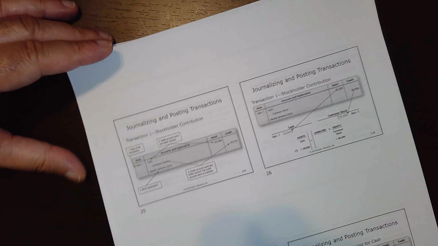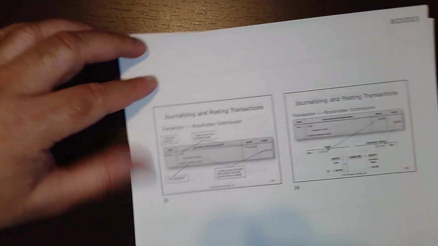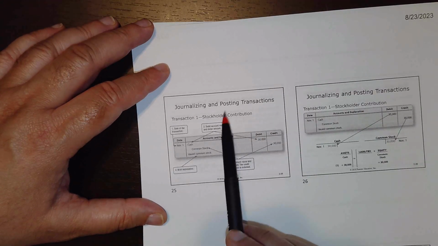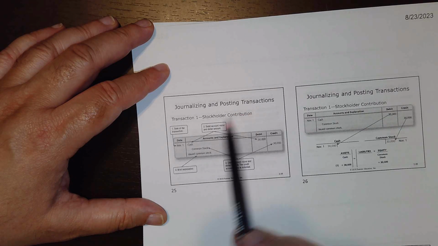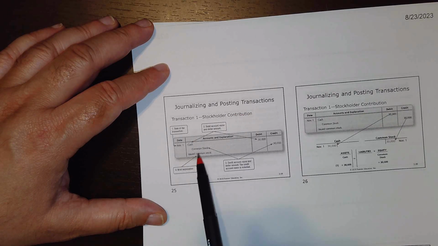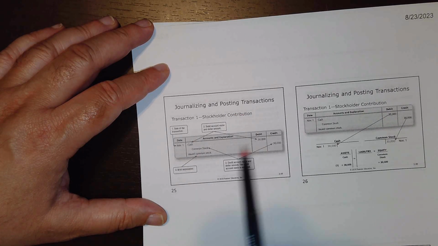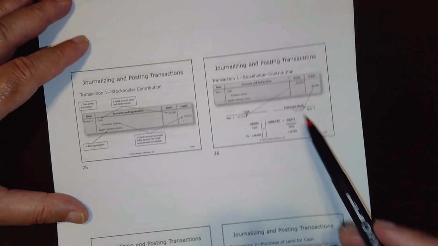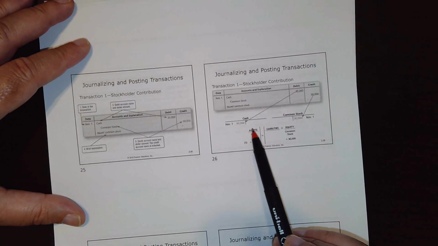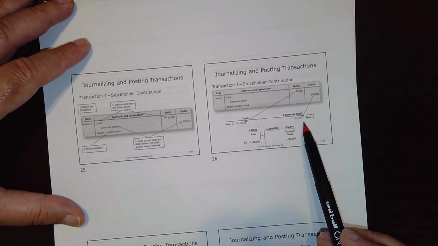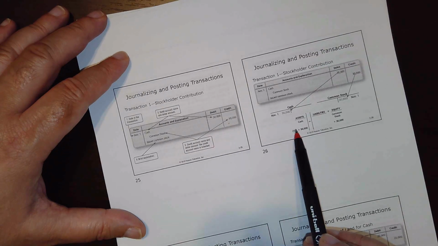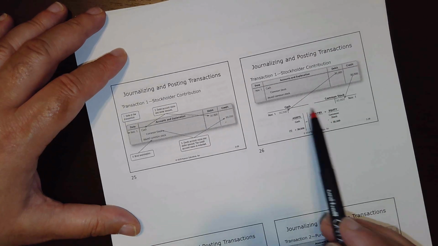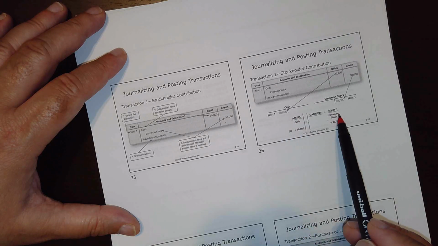The second part, it's the same transaction we're going to talk about. They say you're journalizing and posting. So you put the date over here. You have cash $30,000 and you have common stock $30,000, right? And when this information goes to the accounts, so when you post these things, these are the two ledger accounts that get cash and common stock.